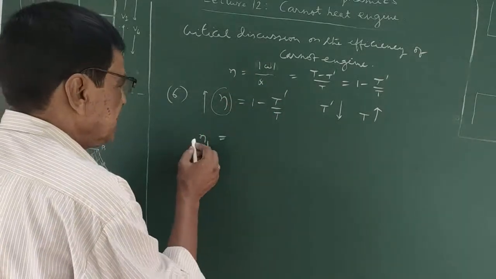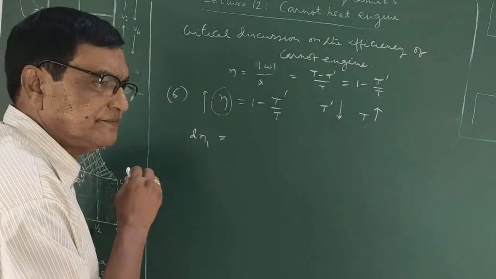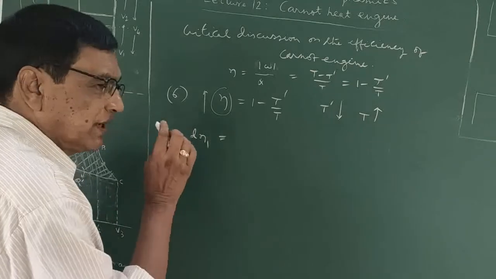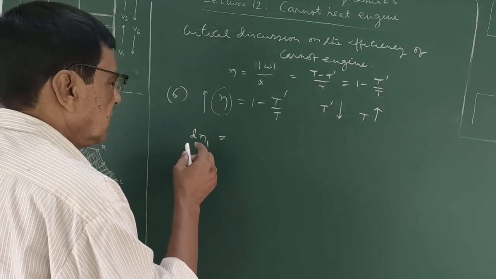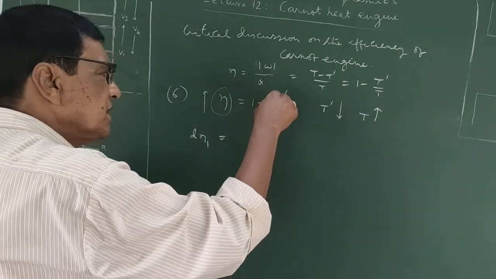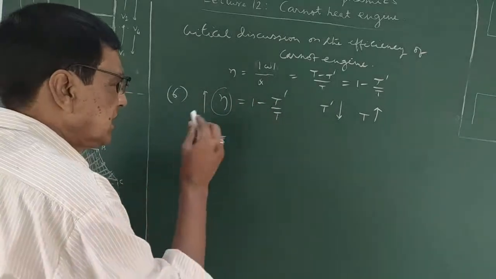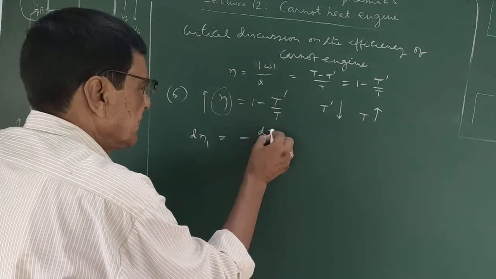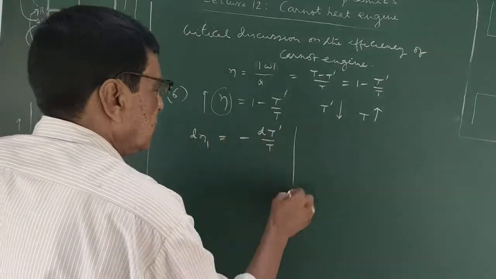So by differentiating this one, d eta 1, the change in efficiency by decreasing the temperature of this sink, keeping the temperature of the source fixed, will be minus dT dash divided by T. And the reverse.